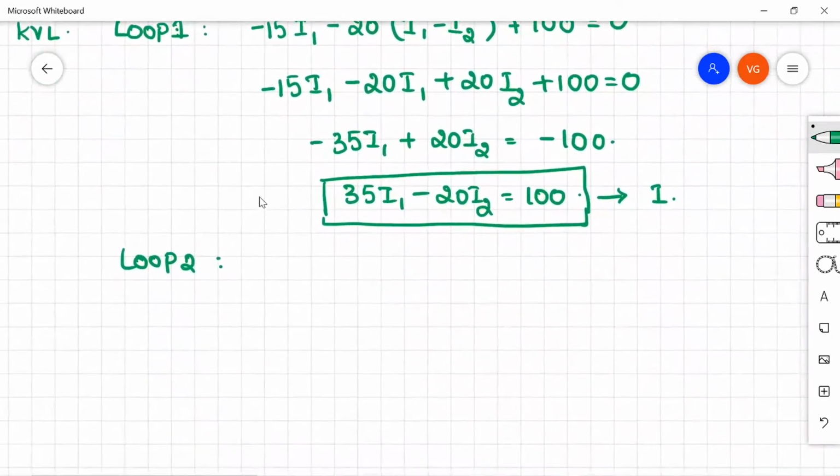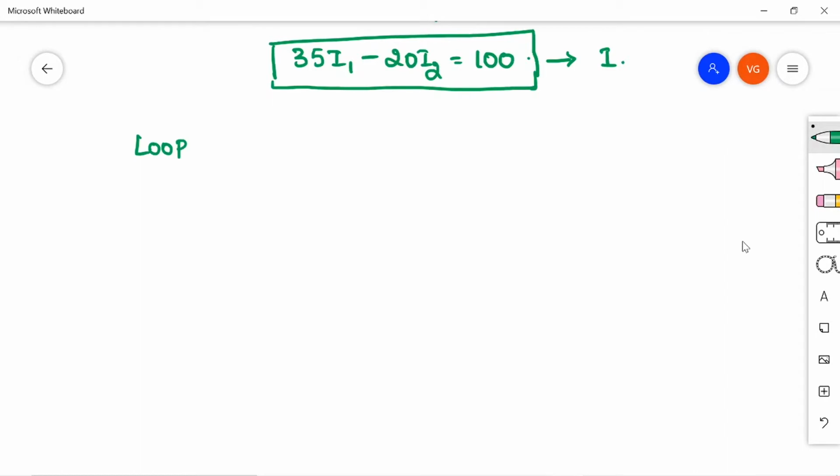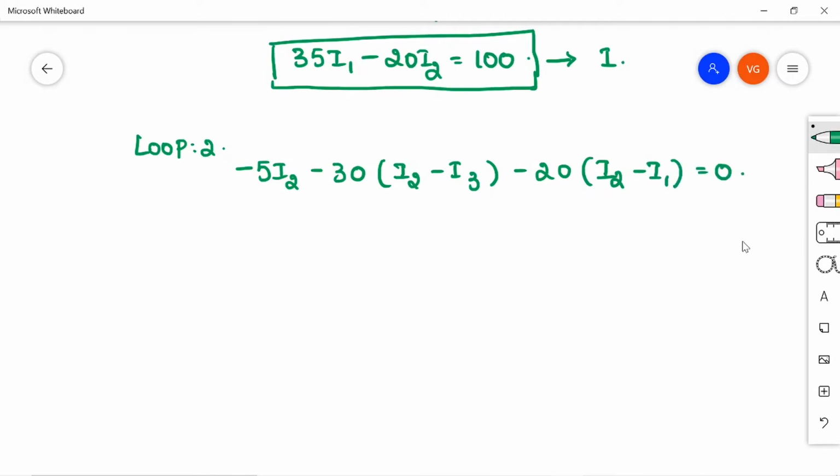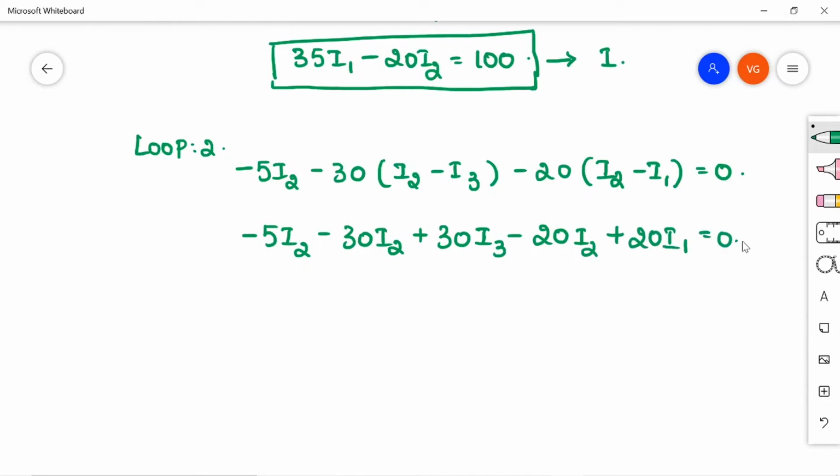So let us write that loop 2: minus 5 I2 minus 30 into I2 minus I3 minus 20 into I2 minus I1 is equal to 0. So this will be minus 5 I2 minus 30 I2 plus 30 I3 minus 20 I2 plus 20 I1 is equal to 0.